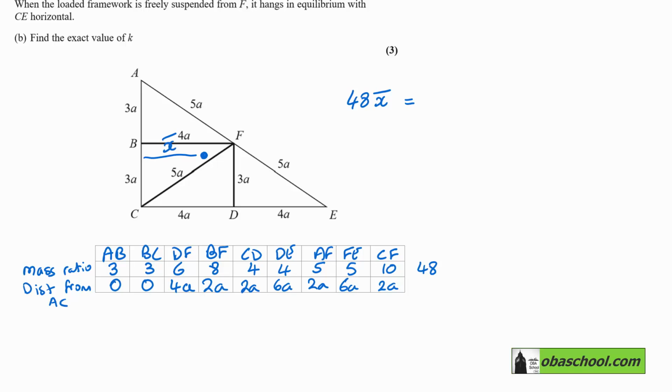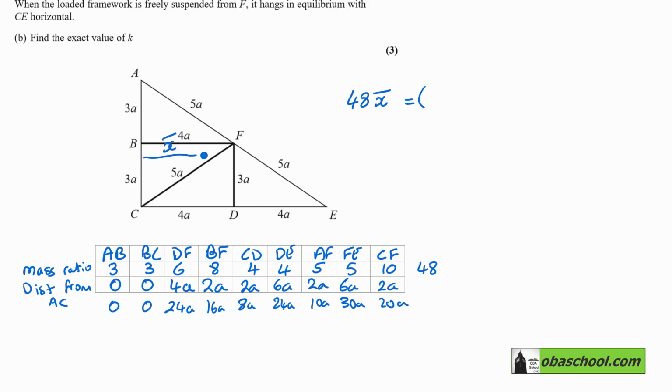Now for the individual moments, we're going to get 3 times 0 here, which is 0, 3 times 0 is 0, 6 times 4a is 24a, then we'll have a 16a here, we've got 8a, then we've got another 24a, we've got a 10a, this one will be a 30a and this one will be a 20a.